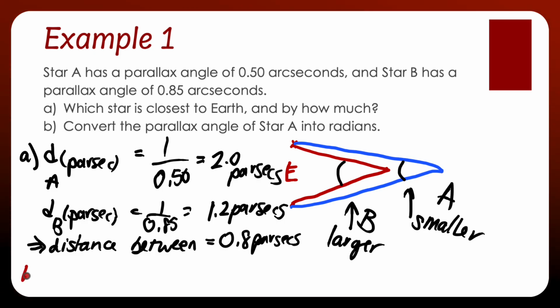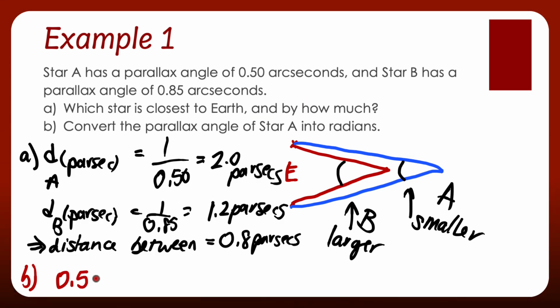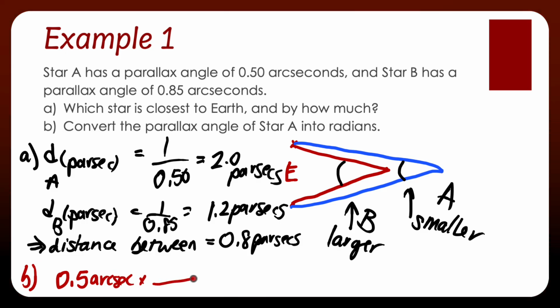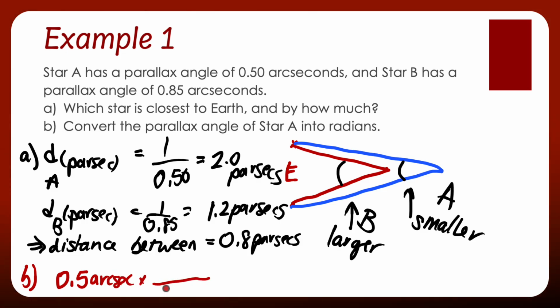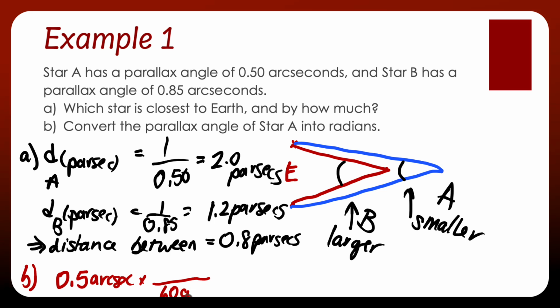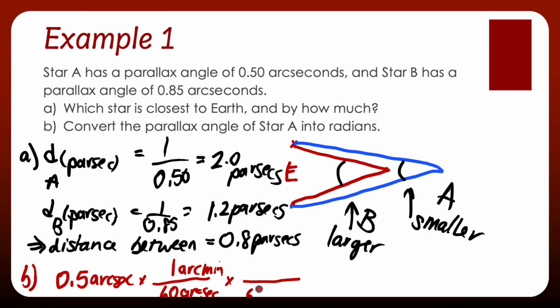Now, in B, it says convert the parallax angle of star A into radians. So I have 0.5 arc seconds. I'm going to walk you through how to do this. We have 60 arc seconds in 1 arc minute. There are 60 arc minutes in 1 degree.